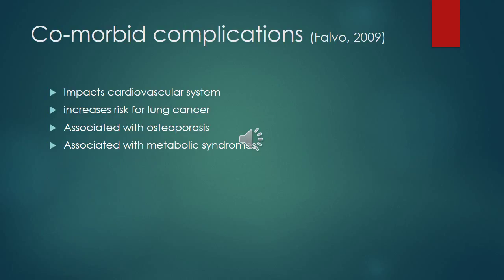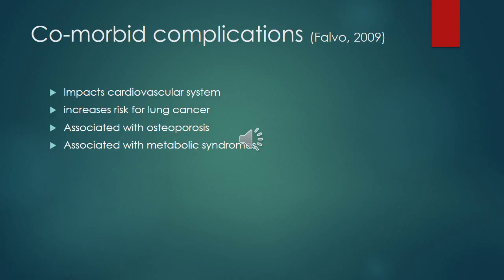Now when patients have COPD, many times it's in later stages in life, and so many times there are complications related to other conditions as well. Now looking at COPD itself, you'll find that COPD has a strong impact on other systems of the body, particularly the cardiovascular system. And we'll talk more about the specific impacts of COPD on the heart and other processes later on.